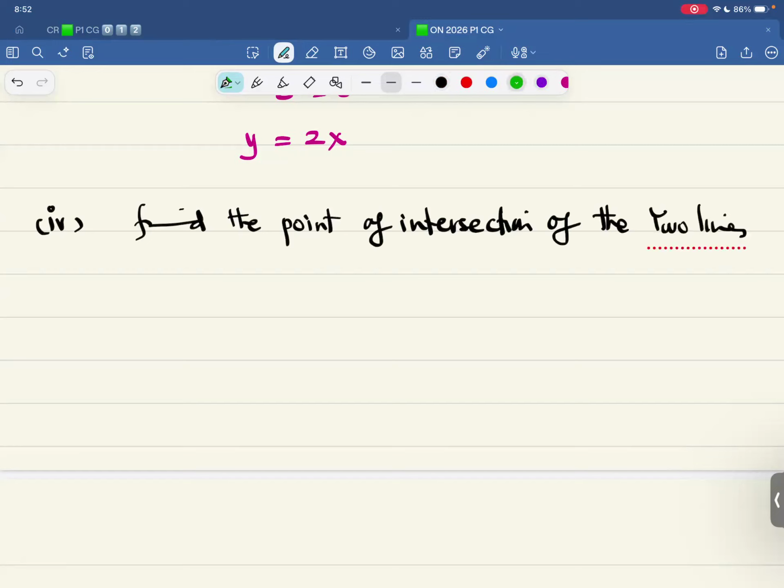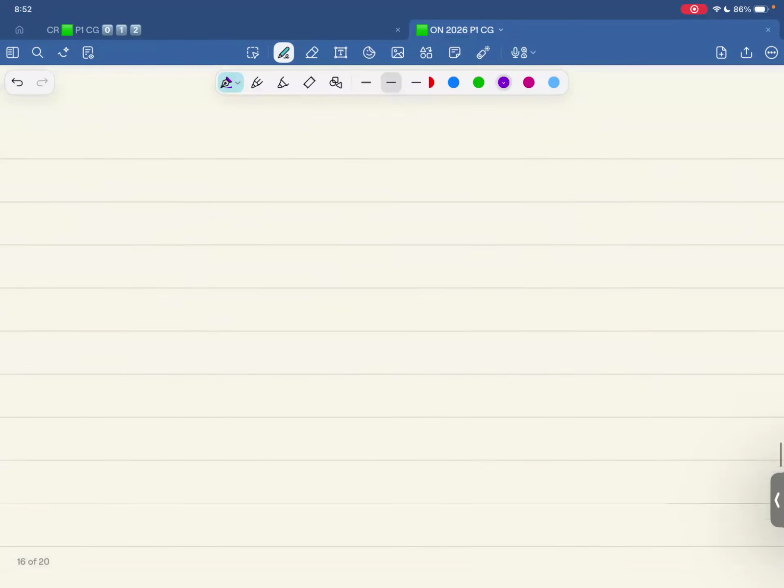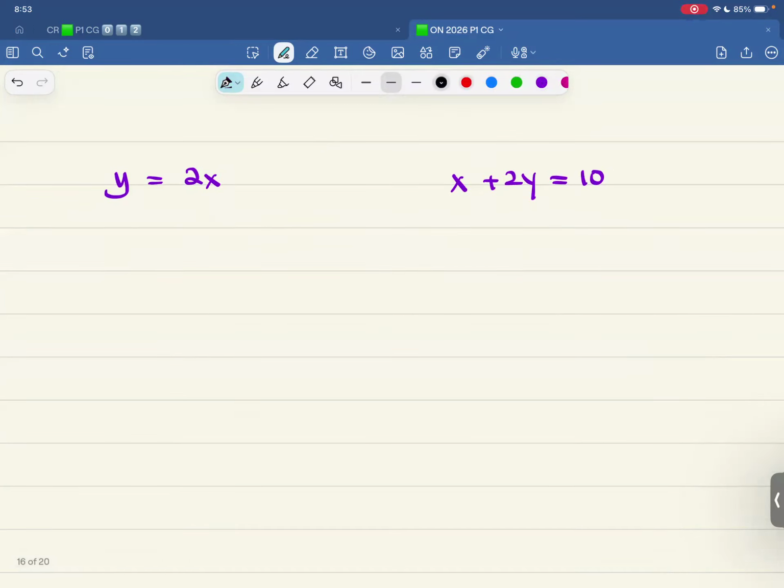Always remember, whenever they ask for the point of intersection, that means simultaneous equations. So in part 4, I have the line y = 2x and the line x + 2y = 10.